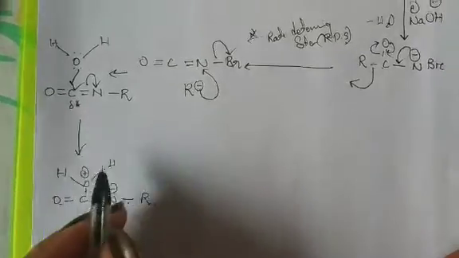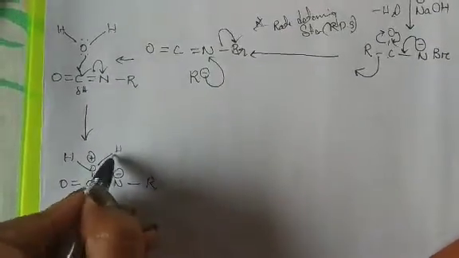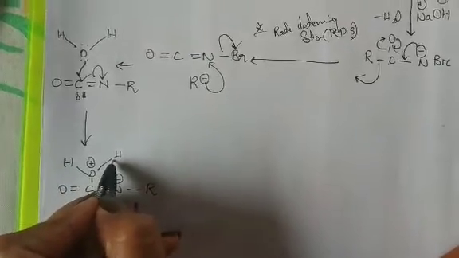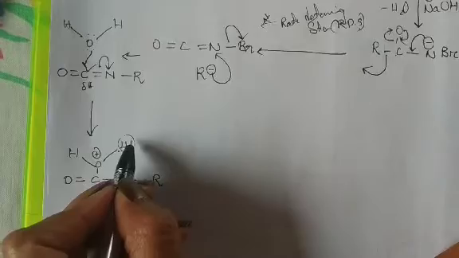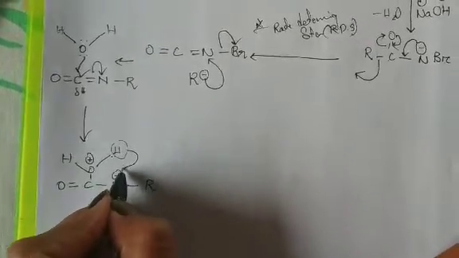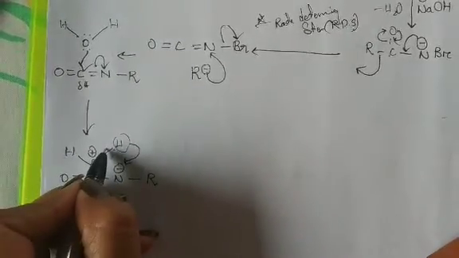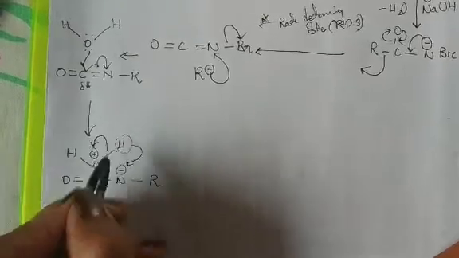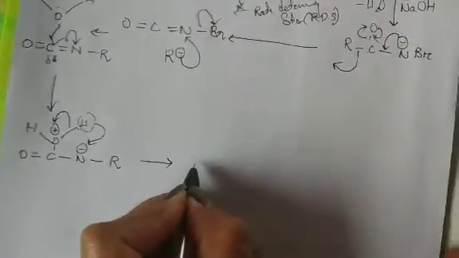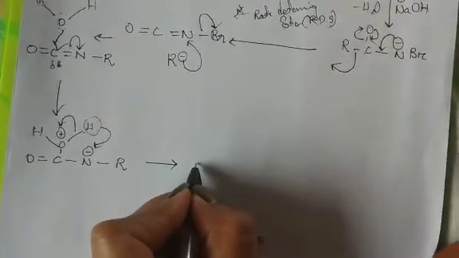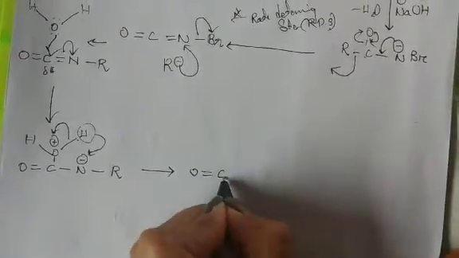Now there, the hydrogen atom leaves as a proton and then bonds to the nitrogen atom, and then this bonding electron pair goes and adds up to the oxygen to fulfill its octet.